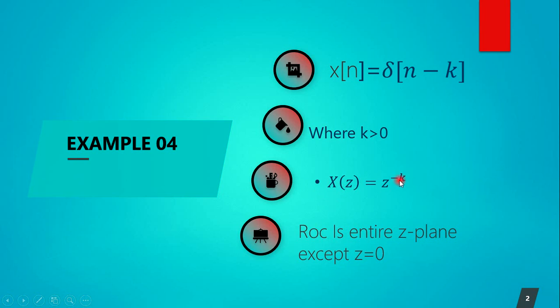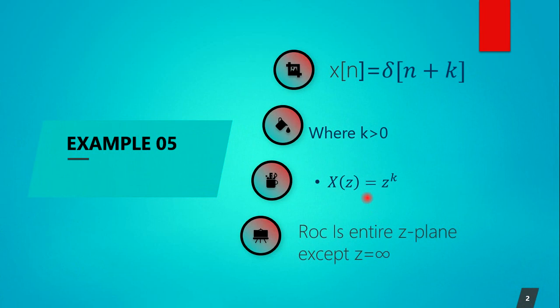So if we take the Z transform of this signal, it will come out to be x of k into z power minus k. So x of k will be 1 and it will come out to be z power minus k. So here ROC is entire Z plane except z is equal to 0, because if we substitute z is equal to 0, this Z transform becomes infinity.